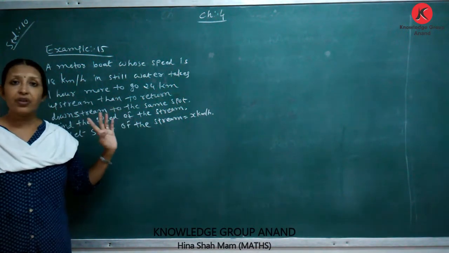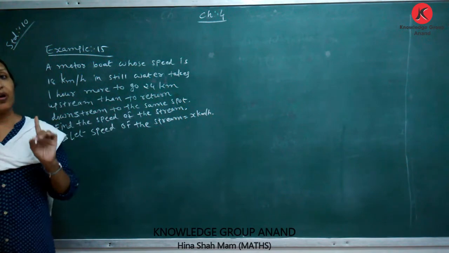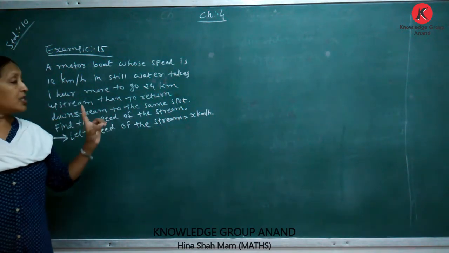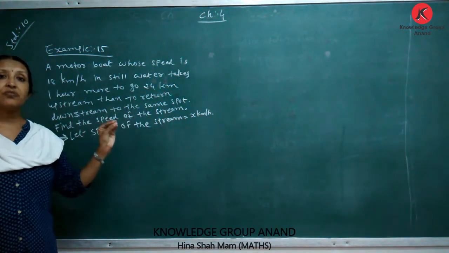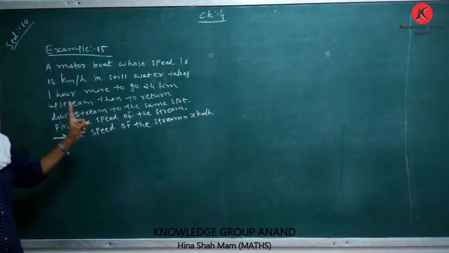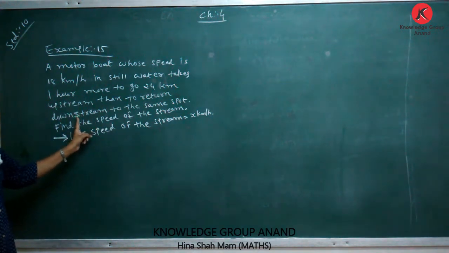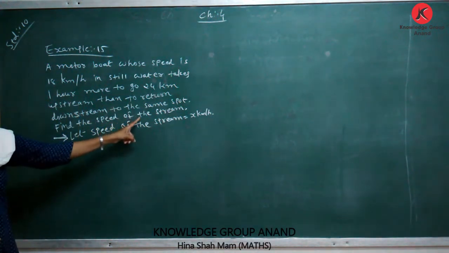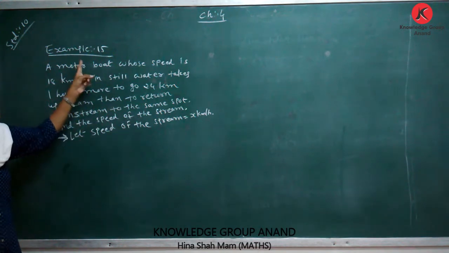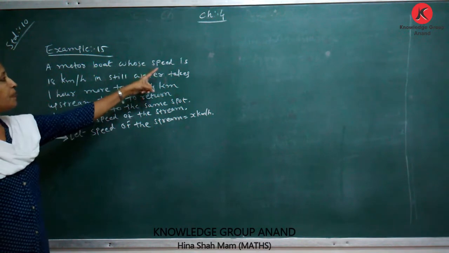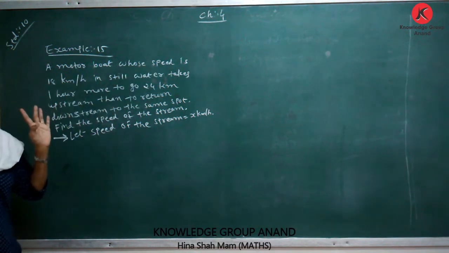Here in chapter 4 we assume one variable. In chapter 3 you assume two variables. Here we find only the speed of the stream. The speed of the boat is given.